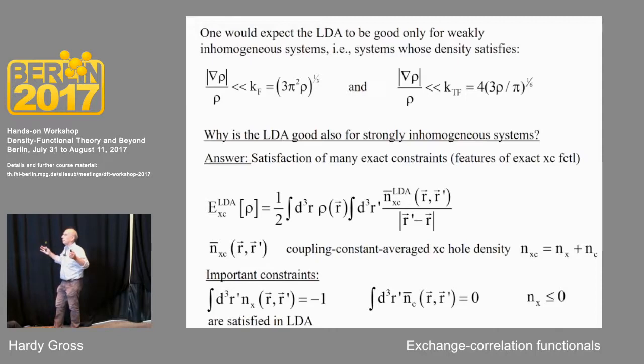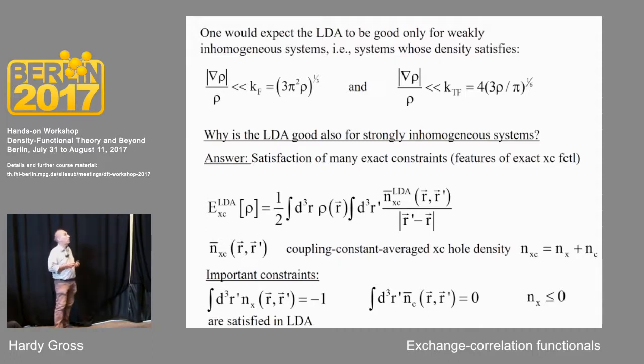One can write down, and you will see such a representation, the full exact exchange correlation energy in terms of the many-body wave function. And from this way of writing it, one can deduce certain features of it. And it turns out that the LDA satisfies many of these exact features.